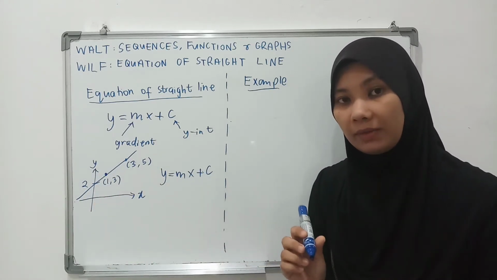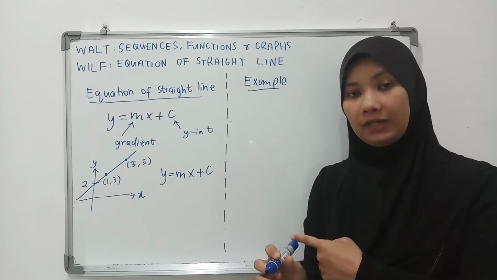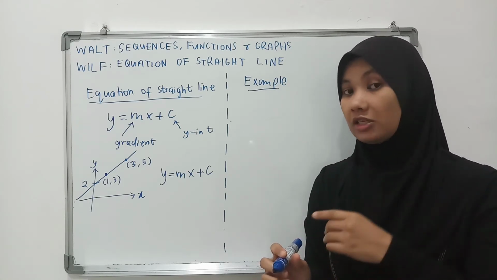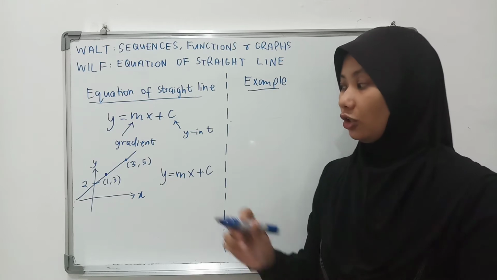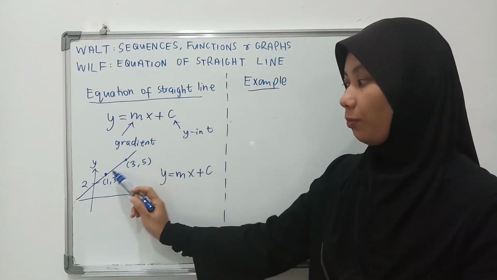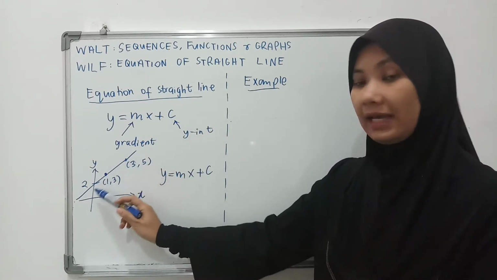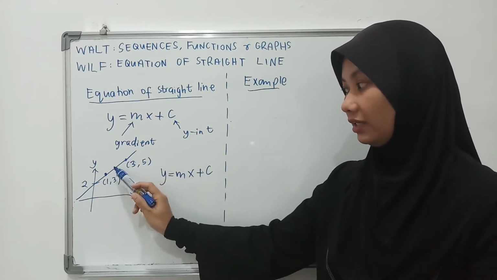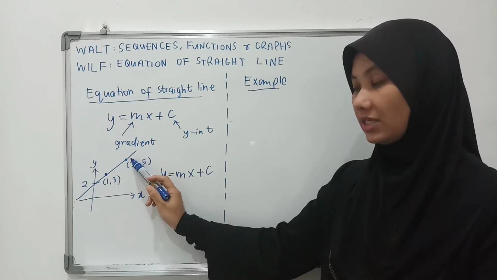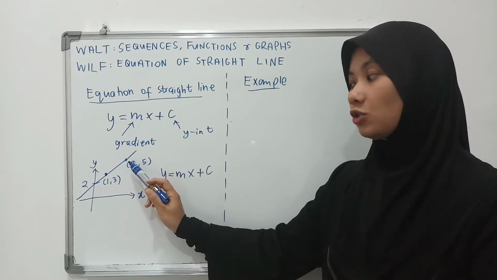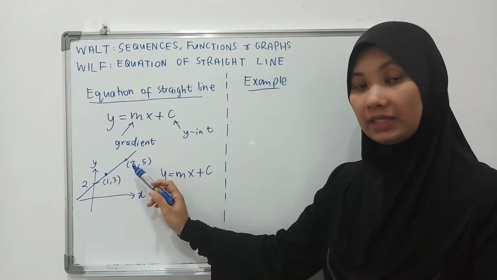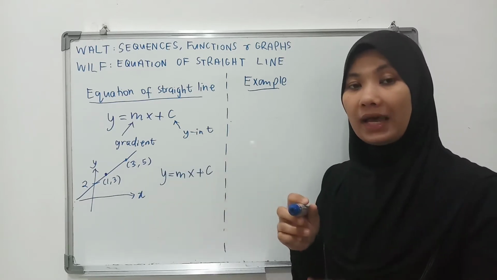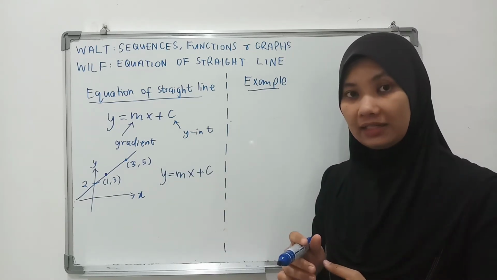But the problem is your gradient is not given in the graph. But you are given 2 points that the line passes through. This is your first point, this is your second point. From these 2 points here, you can find the gradient. You can calculate the gradient.